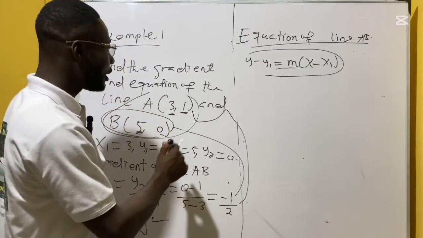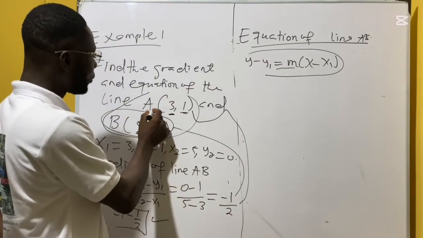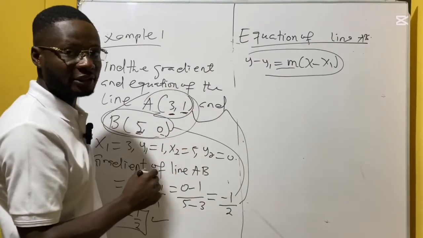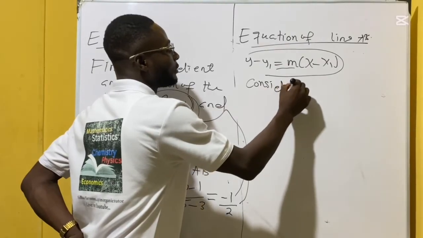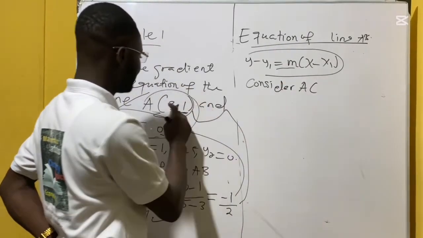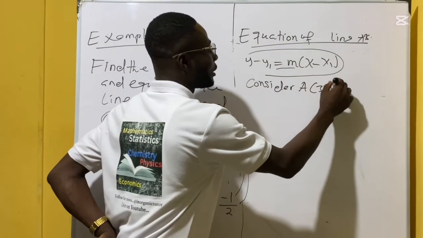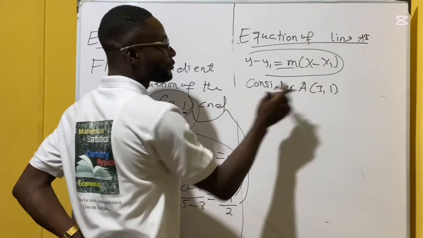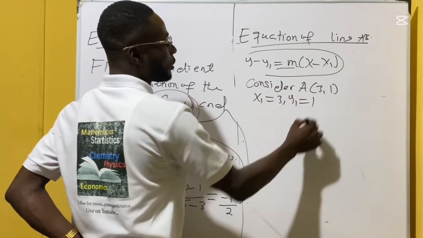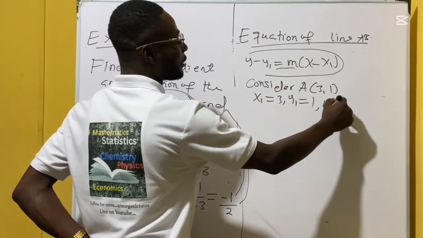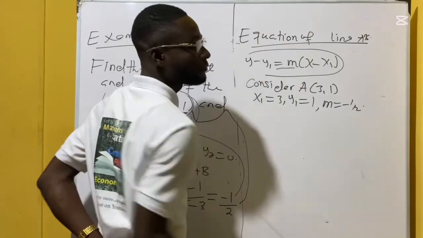So here I'm considering the point A first. So let's consider point A, right? 3 and 1. So here our x1 is 3, our y1 is 1, and we know our gradient to be negative half, right?